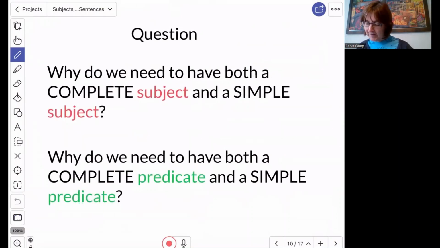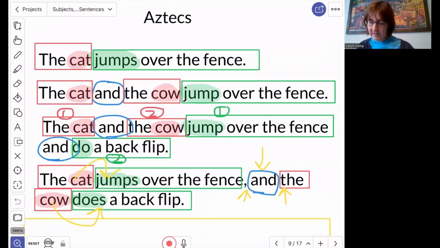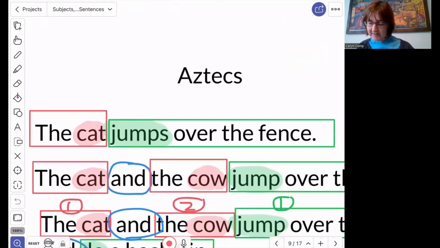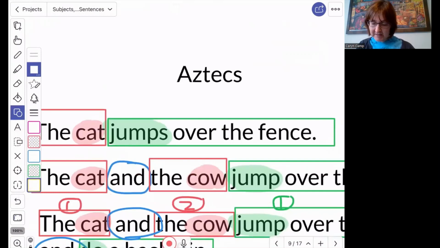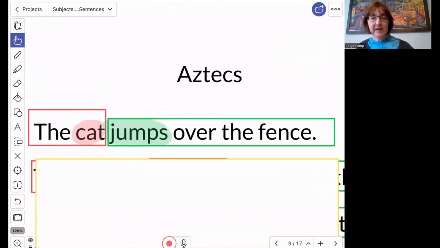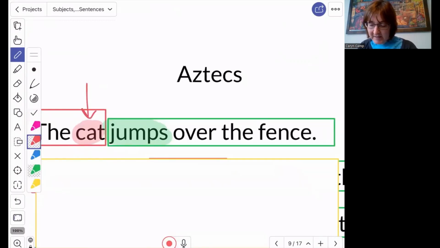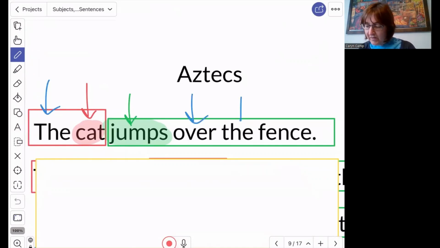If we look back here at the cat jumps over the fence, let's look just at this sentence here. The cat jumps over the fence. If I only said that cat and jumps are my subject predicate, then I have not used the words the, over, the, and fence. And so if we want to have all the words in the sentence split into two parts, then we call it a complete subject and a complete predicate.